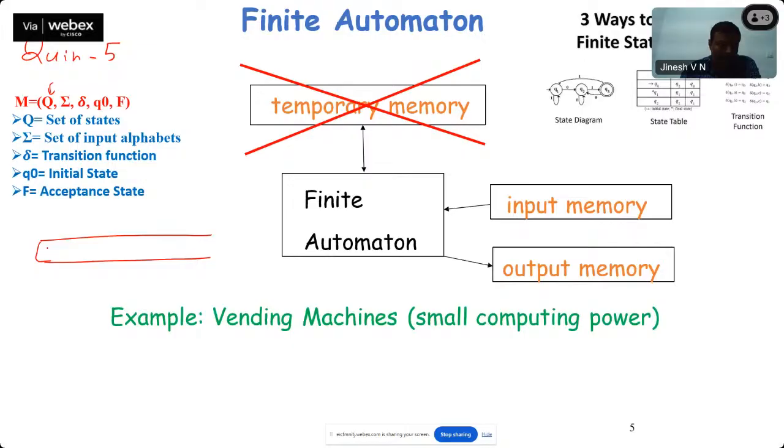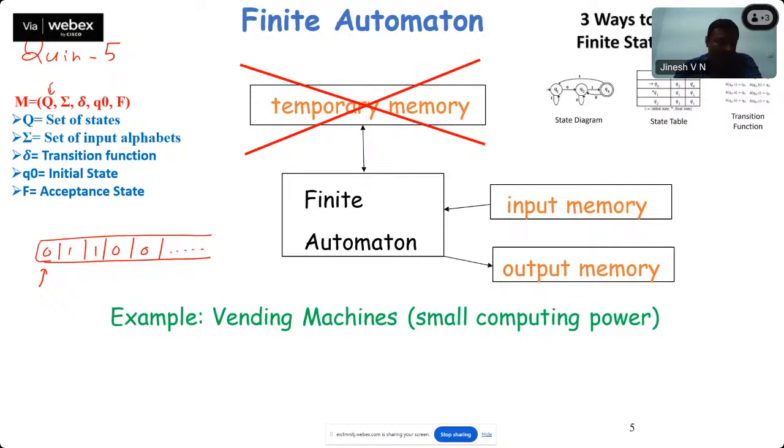Suppose you are giving 0, 1, 1, 0, 0, etc. You are going to read from left to right, meaning at a time you read one alphabet. That is our theoretical concept. In the actual situation, while reading the program file, the system or CPU will read one instruction at a time.